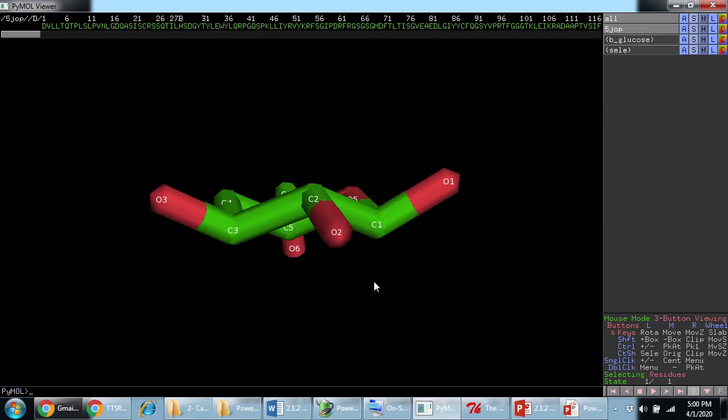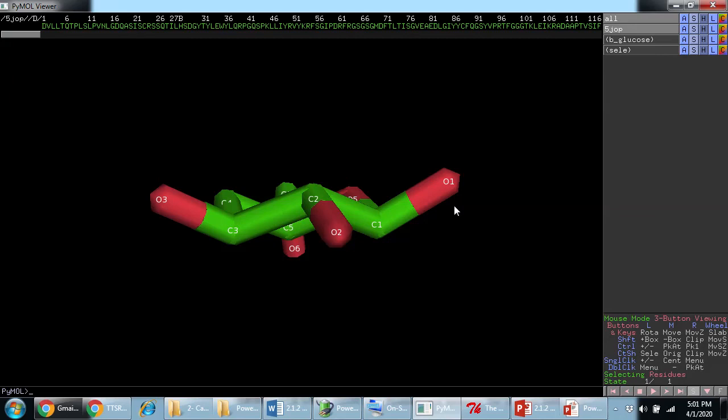However, if we look from the side of the molecule, the plane of the ring, the position of the hydroxyl group of the hemiacetal or hemiketal may be different. If it projects above the plane of the ring, it is designated as the beta form of the sugar. As in this representation, you can see that the hydroxyl on carbon 1 of glucose projects above the plane of the ring, so this is beta glucopyranose.